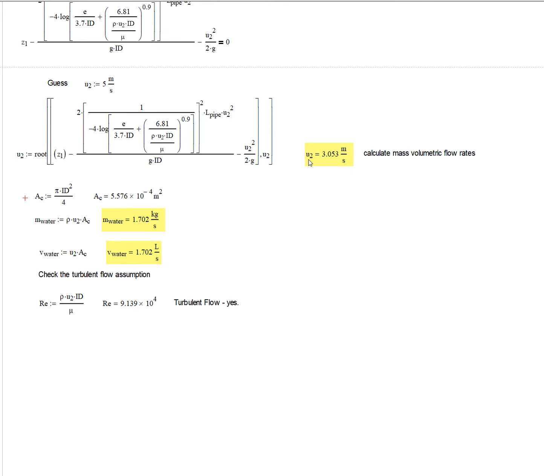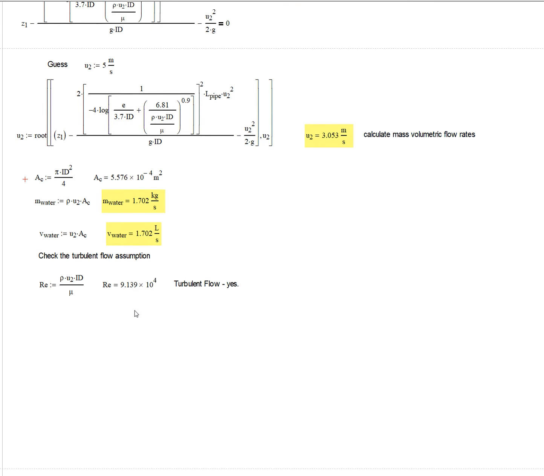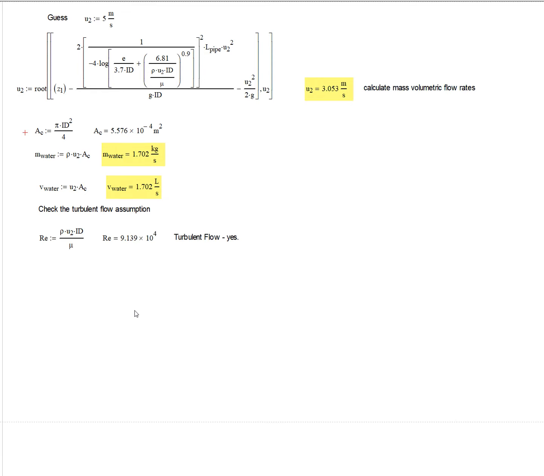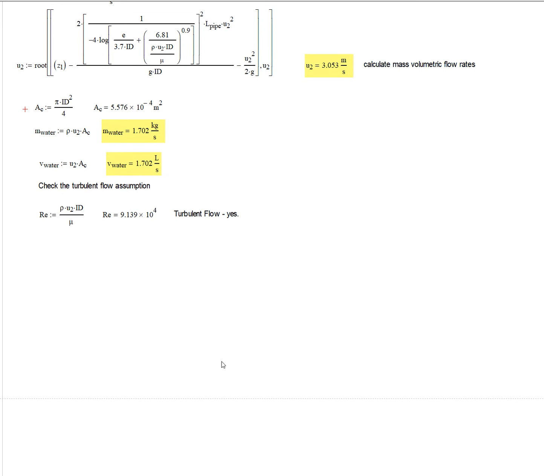When we plug our calculated value of U2 in here, we get a value of 91,000. That is definitely higher than 2,300, so that is a good assumption, and these calculations are valid.